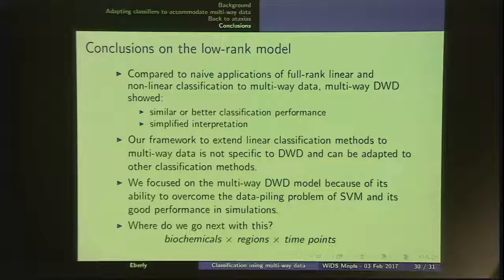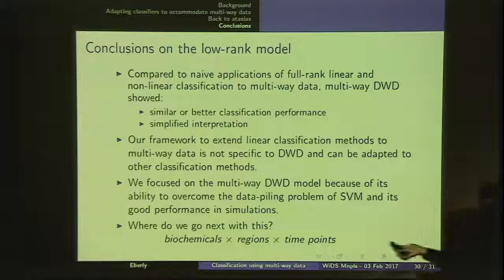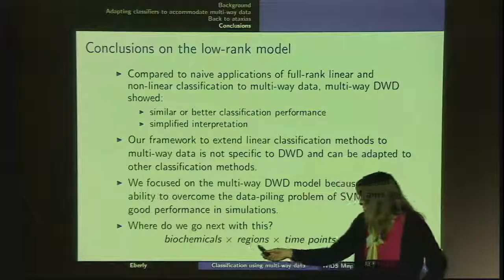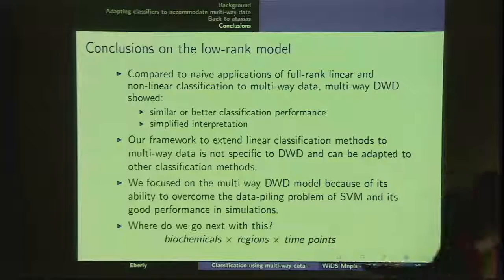You could take the same sort of approach with other classifiers, and we've already implemented it in SVM, for example. We focused on DWD because of its ability to overcome the data piling of SVM. So where do we go next with this? We just finished a longitudinal study in the same cohort, so now we have biochemicals by regions by time points.